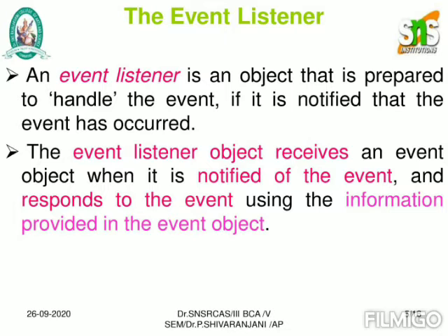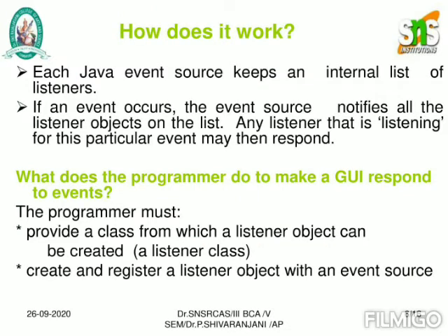So how does this event handling mechanism work? Each Java event source keeps an internal list of listeners. If an event occurs, the event source notifies all the listener objects on the list. Any listener that is listening for the particular event may then respond. This is how event handling is done in windows.